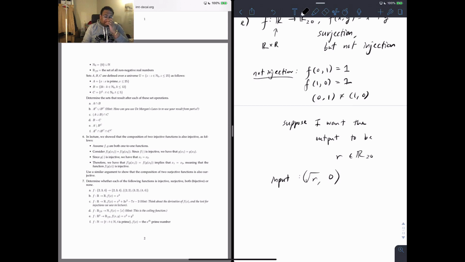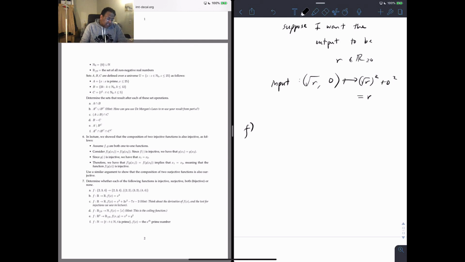And what would the function map this to? It would map this to square root of r squared plus 0 squared, which just gives me r. If I want the output of the function to be 10,000, I just pass in the point (square root of 10,000, 0), and I'll get 10,000 as my output. And I can change 10,000 to be any other non-negative real number. So this function is a surjection, but not an injection.